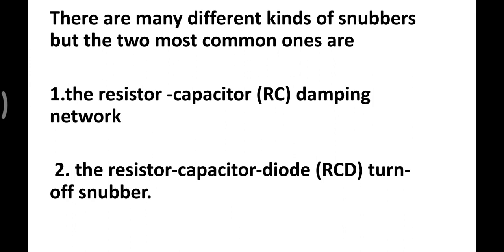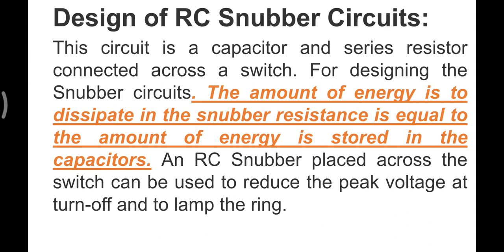Of these two circuits also, we mostly use the RC damping networks. So let us see the circuit design of the RC snubber circuit. The circuit is a capacitor and a series resistor connected across the switch.